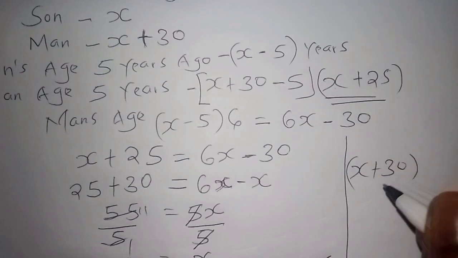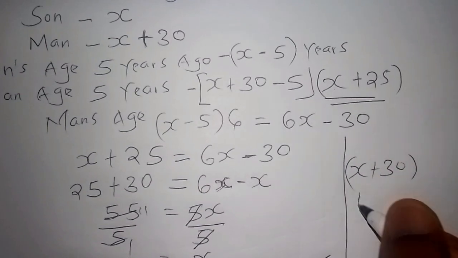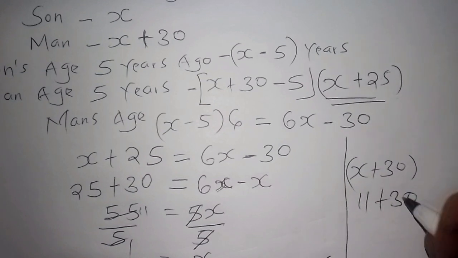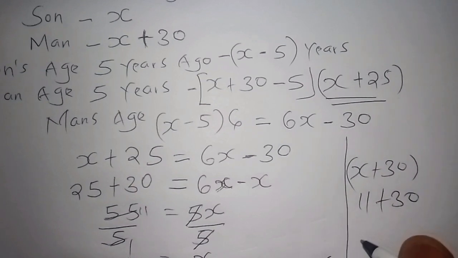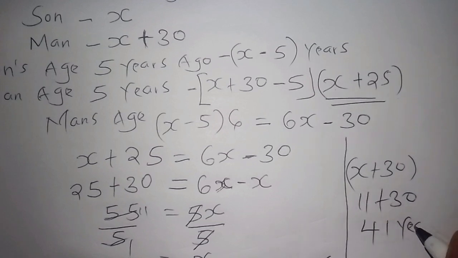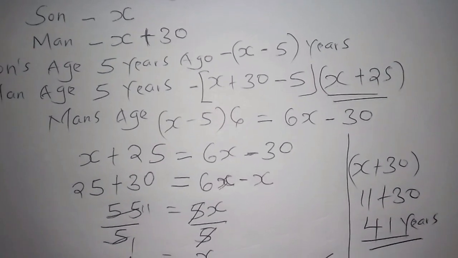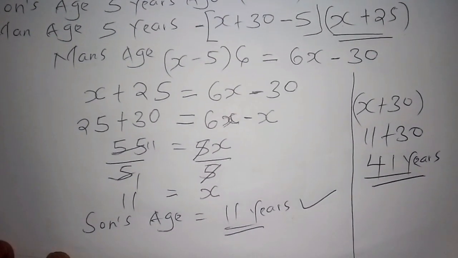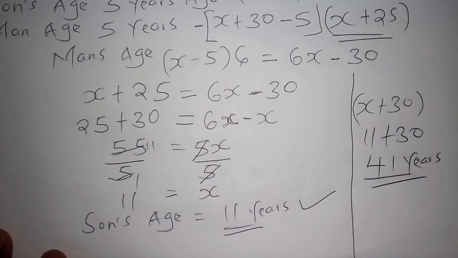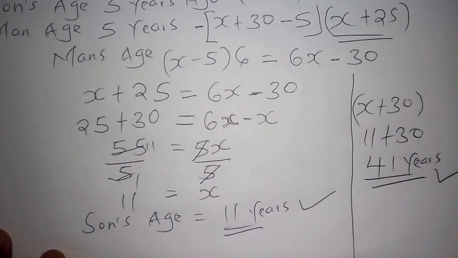When you work out this, where there is x represented by 11, so 11 plus 30, we shall have 41. So right now the man is 41 years old. So their present ages, the son is 11 years old, while the man is 41 years old.